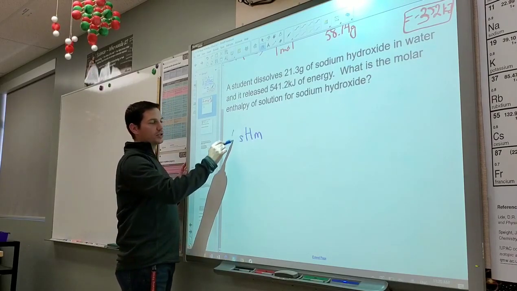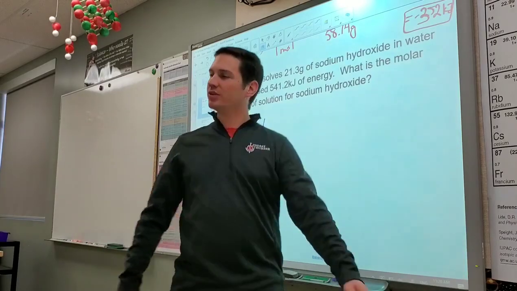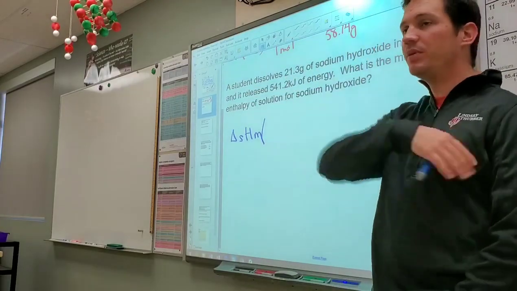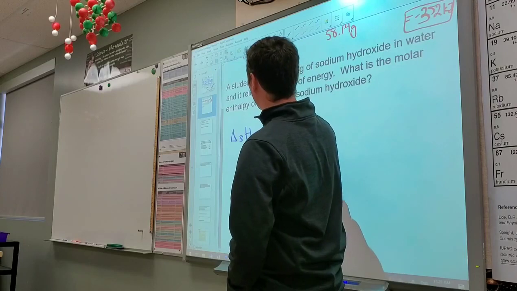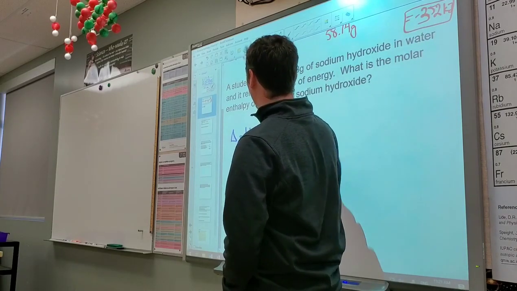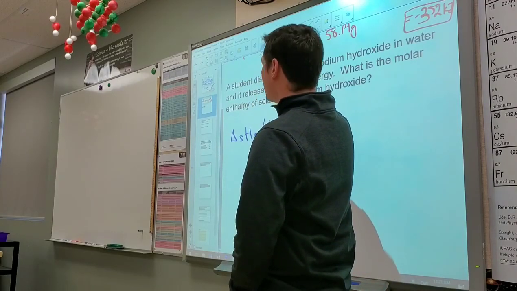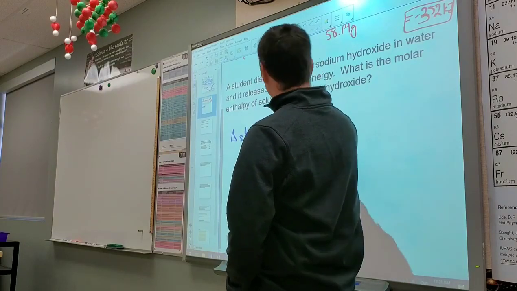Of solution for sodium hydroxide. And what is that measured in? What is molar enthalpy of anything measured? Joules over grams. No. Kilojoules per mole. A molar enthalpy is how much energy is either released or absorbed per mole of that substance.